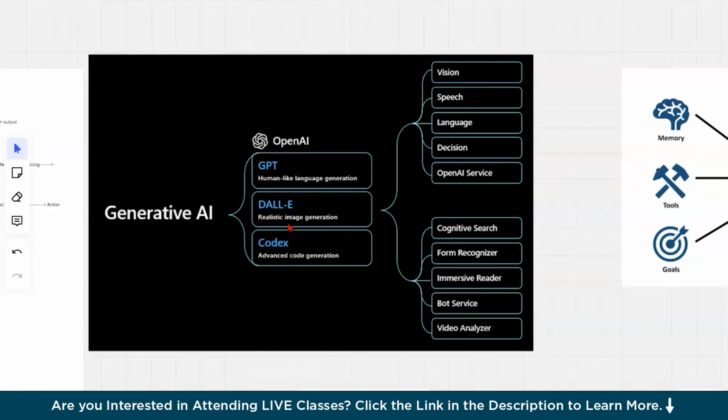So DALL-E is a deep learning model designed to generate realistic images from a text prompt, and it can create highly detailed and creative visuals based on descriptions provided by the users. Some aspects of DALL-E: text-to-image generation, where users can input text prompts and DALL-E can generate unique images based on those descriptions.